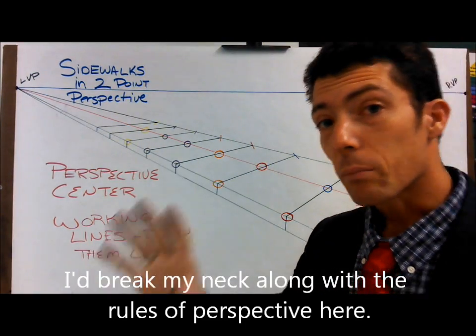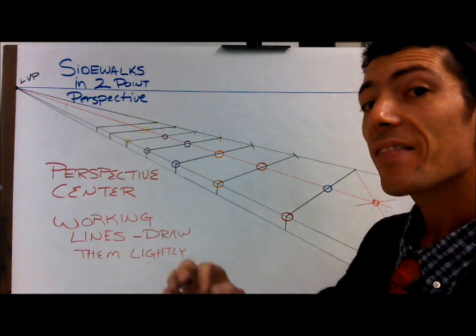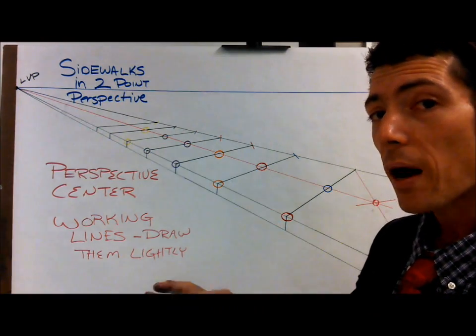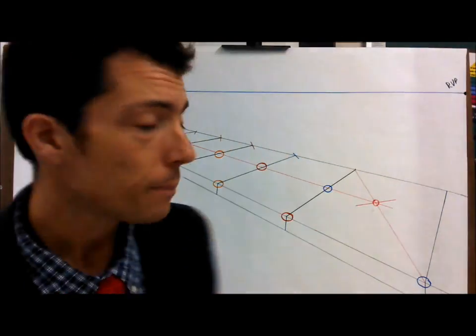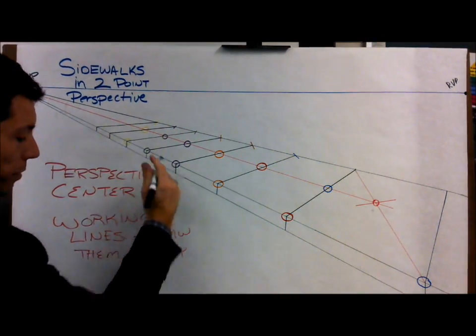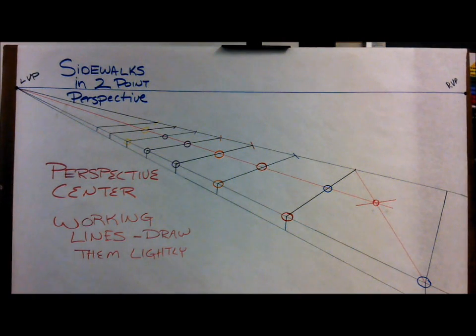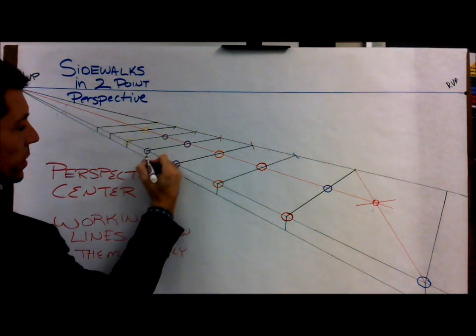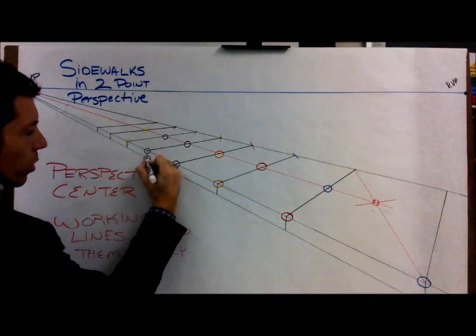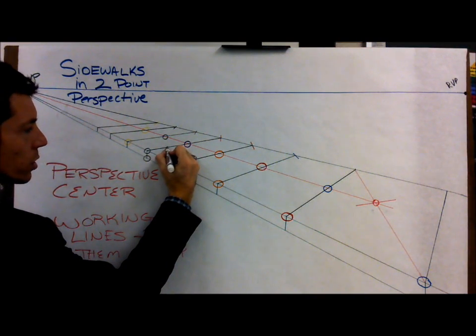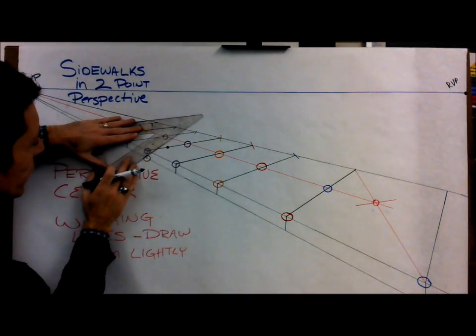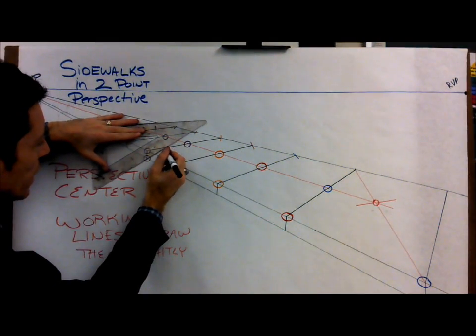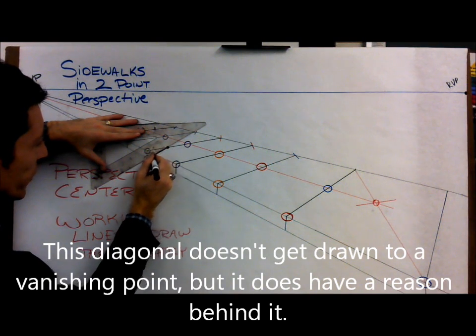And this is, I'm going to break a rule. I'm going to draw a diagonal line that doesn't go to my vanishing point, but I am going to draw a diagonal line from this corner. Let's see, what haven't I used? I'm going to draw a diagonal line from this bottom corner, and I'm just going to choose a point somewhere on that crack in the sidewalk. I'm going to draw a line. This is a diagonal. Right there.